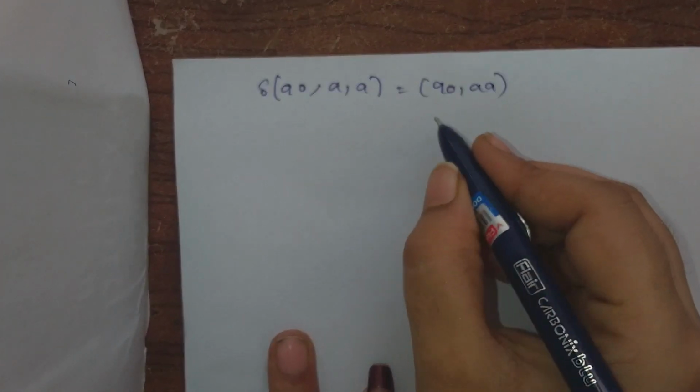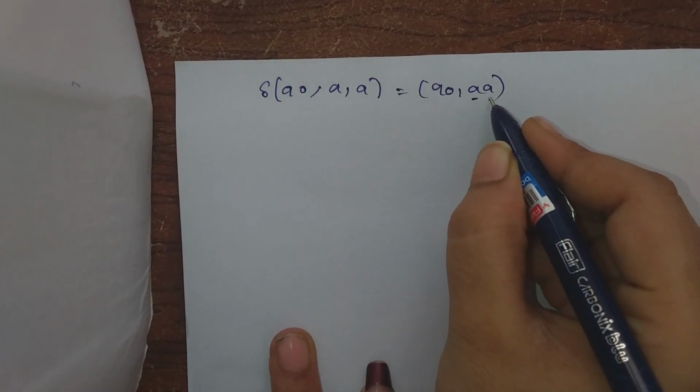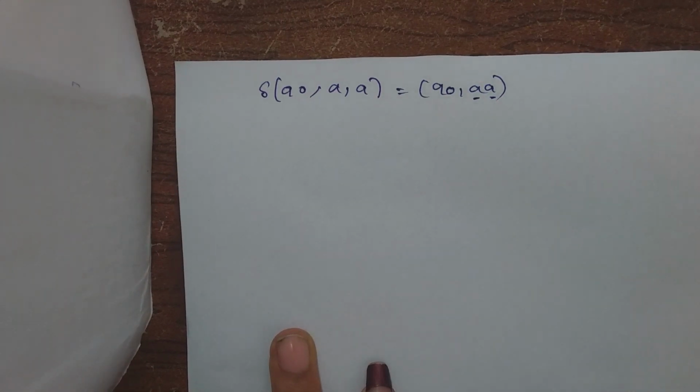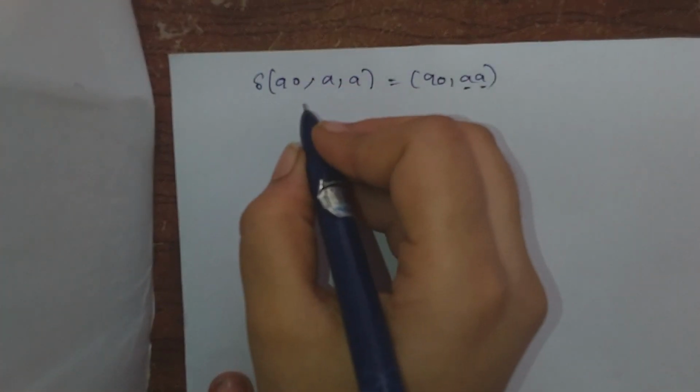Here we have A. That means we have length 2. 2 power 2 is 4. So we'll get 4 steps.